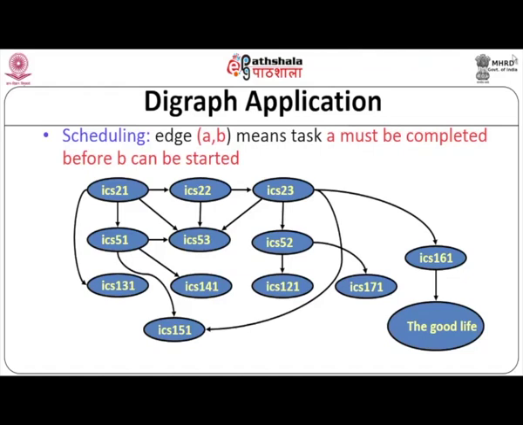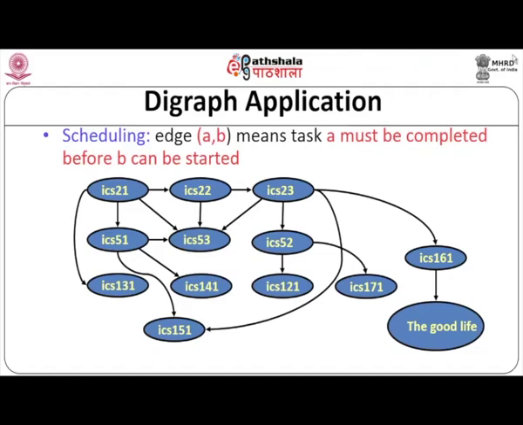For example, if you take this graph, I have a series of ICS course numbers. The first task you can do is probably ICS 21, because it does not have any precedence. After ICS 21, I can do ICS 22, ICS 23.